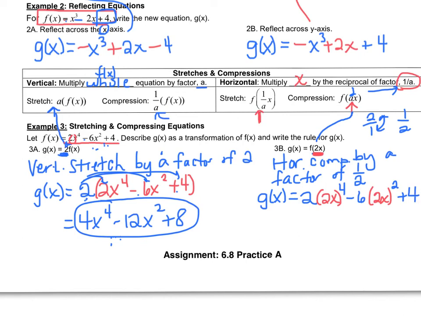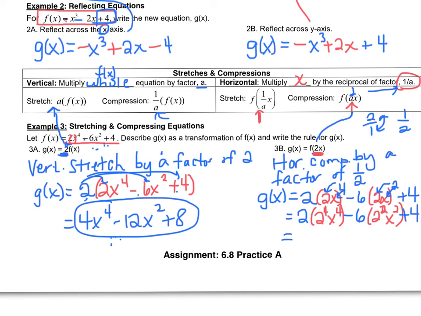Next we need to follow order of operations and deal with the exponents. So we need to distribute the exponent of 4 to the 2 and the x. And we need to distribute this exponent to the 2 and to the x. So the next step would be 2, and then this is going to become 2 to the 4th x to the 4th, and then minus 6, and that next part will become 2 to the 2nd x to the 2nd, and then plus 4 at the end.